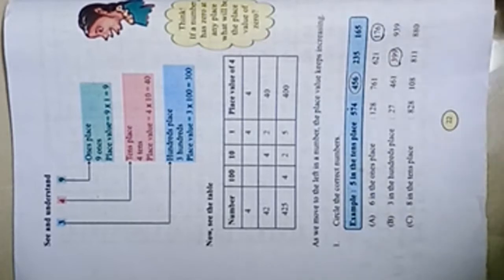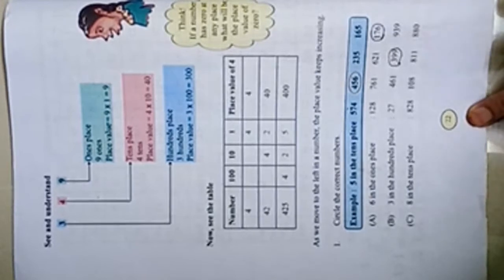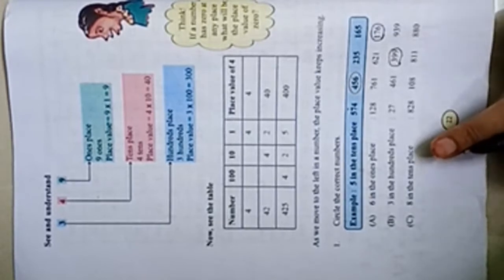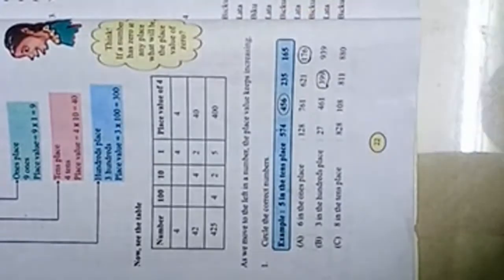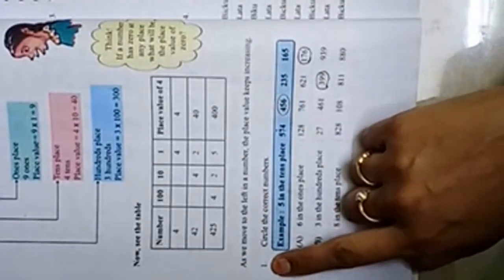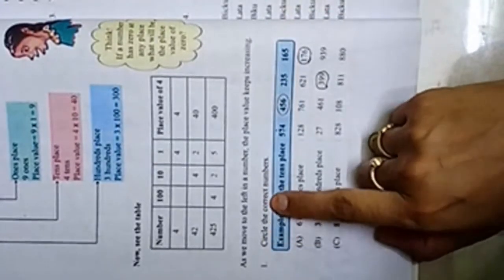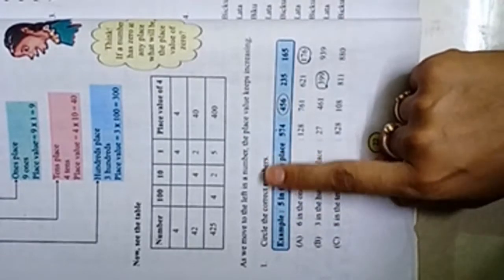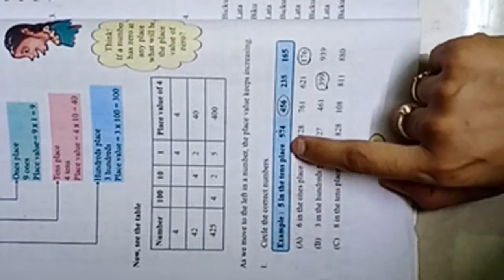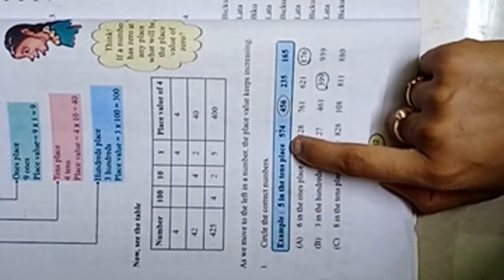All of you take out your textbook, page number 22. We'll solve today few bits. Read along with me. Circle the correct numbers. Here, he has given one example.